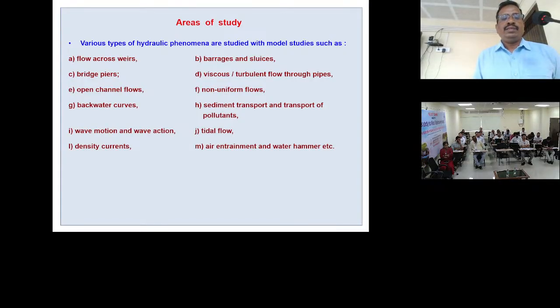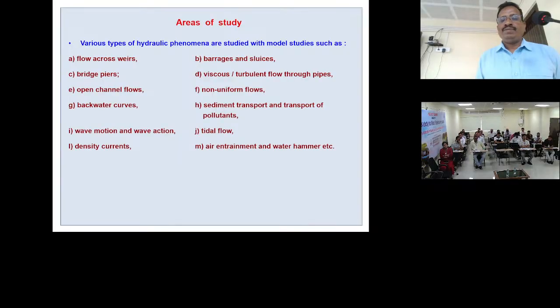The area of study: various types of hydraulic phenomena are studied with model studies, such as flow across rivers, barrages. Also, we are studying barrages and sluices. These are the hydraulic model studies which we are conducting in CWPRS in various divisions.